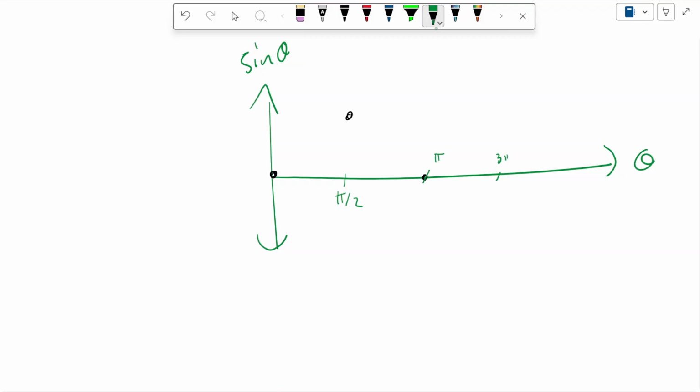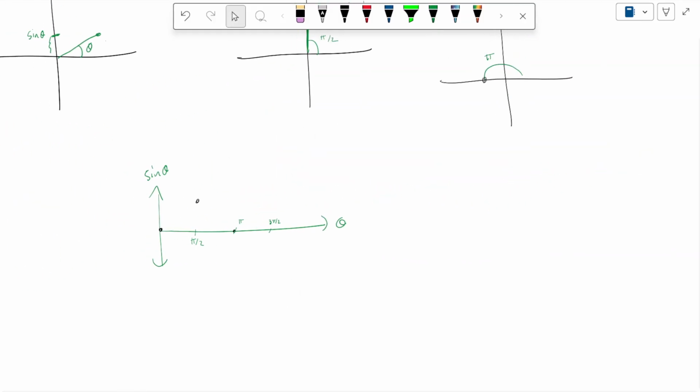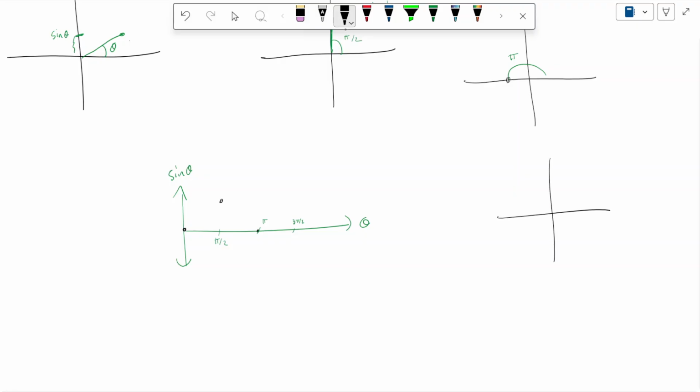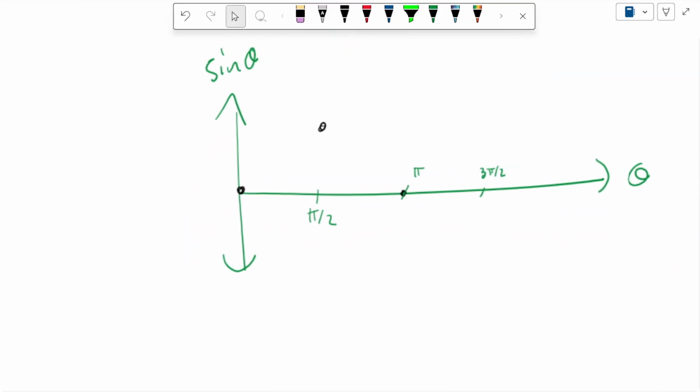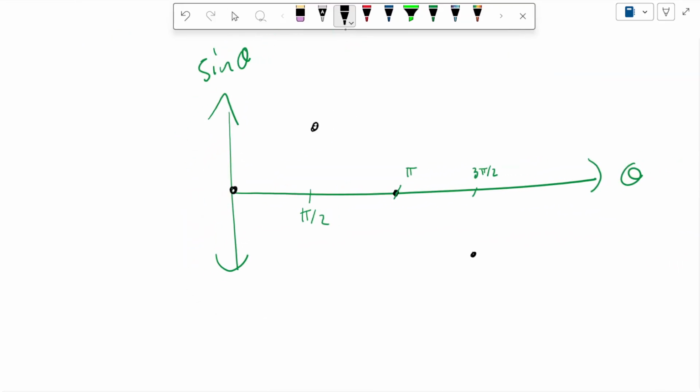When we look at 3 pi over 2, or 270 degrees, we've swept all the way around, so the sine values have gone negative, down to -1. When we get to 2 pi, we're back to the start.